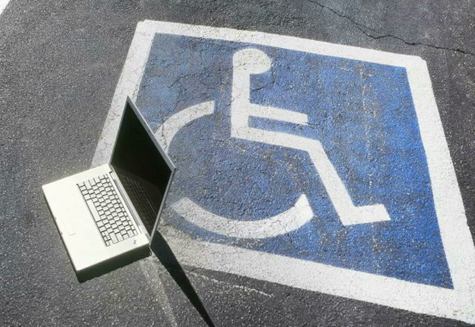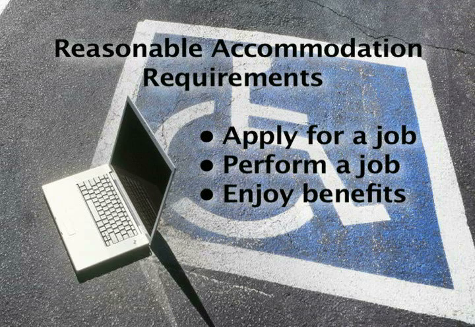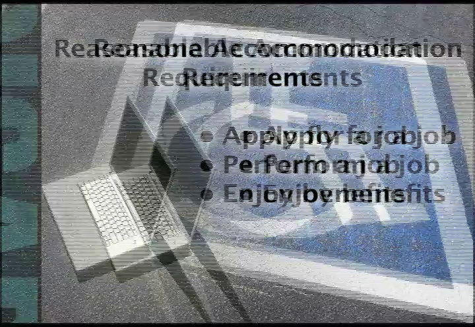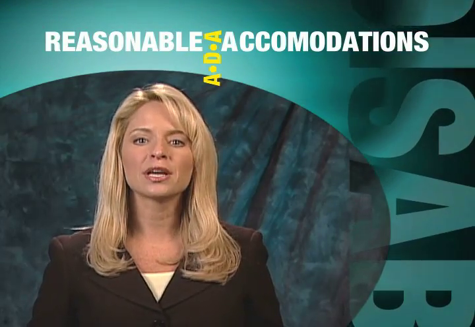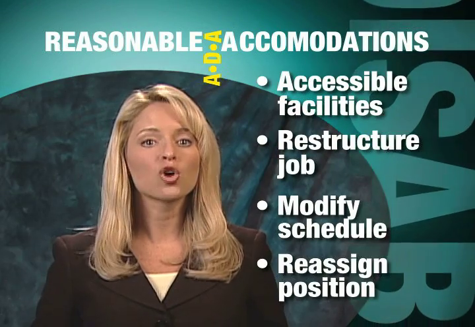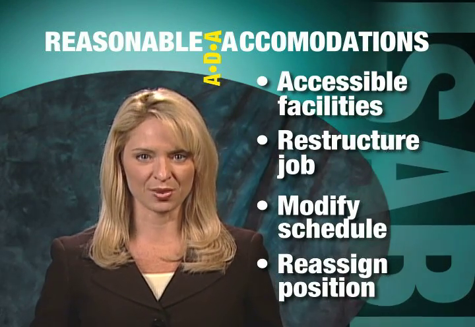As an employer, you are required to provide a reasonable accommodation if the disability requires this in order to apply for a job, perform a job, or enjoy benefits offered by the company. One reasonable accommodation may include making your existing facilities readily accessible to people with disabilities.